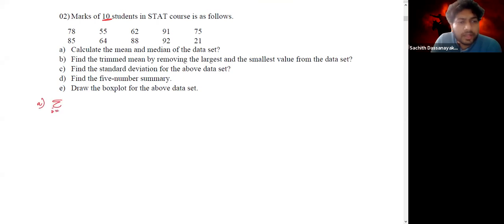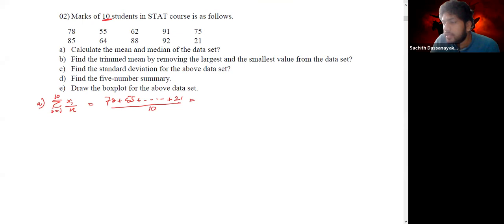Summation of xi, i equals from 1 to 10, divided by n. Which means 78 plus 55 plus whatever up to 21, divided by n, which is 10.